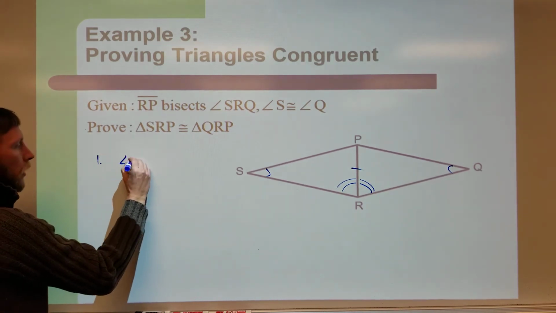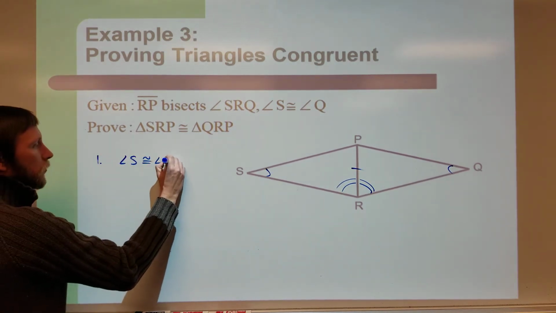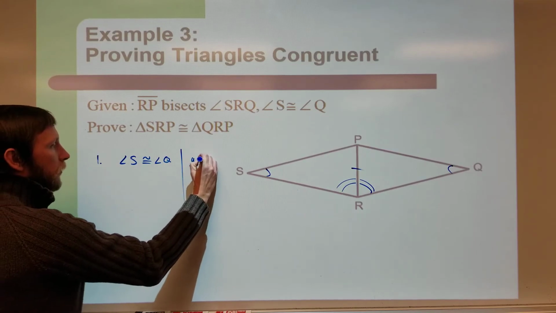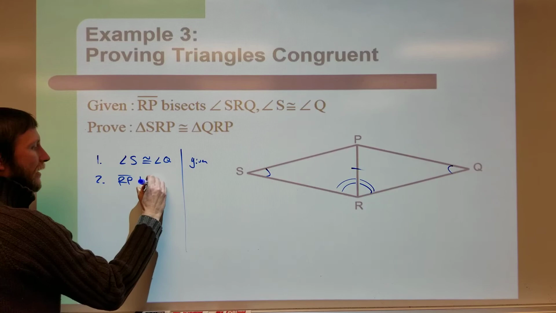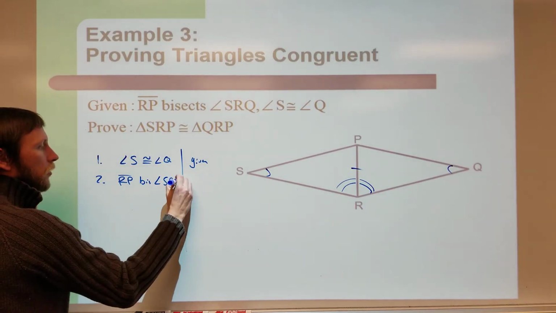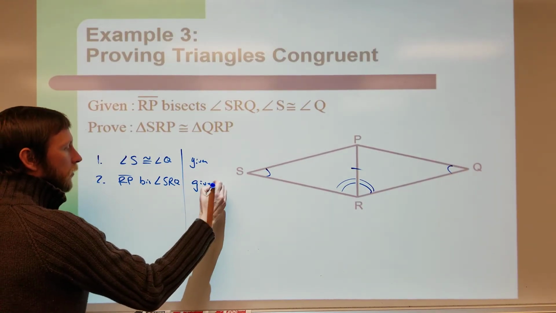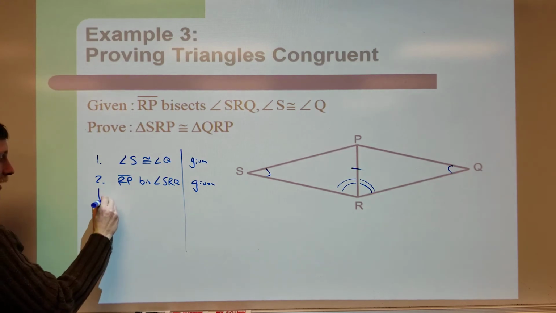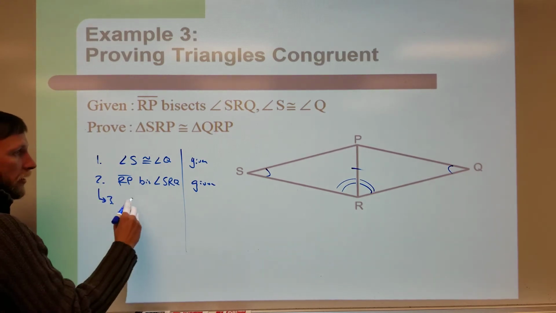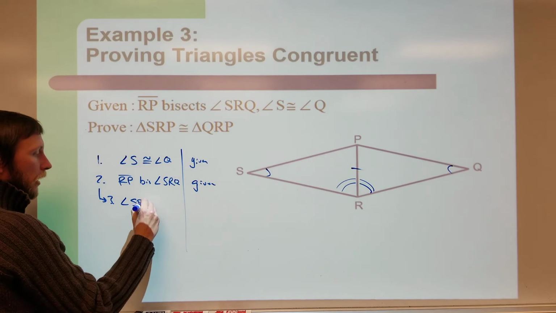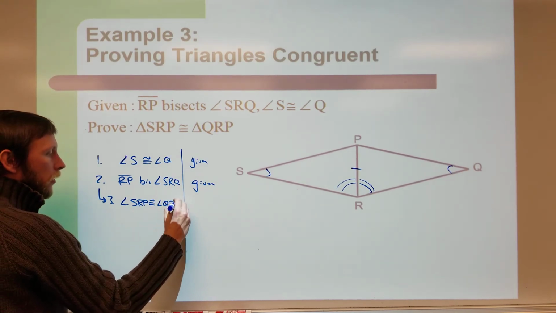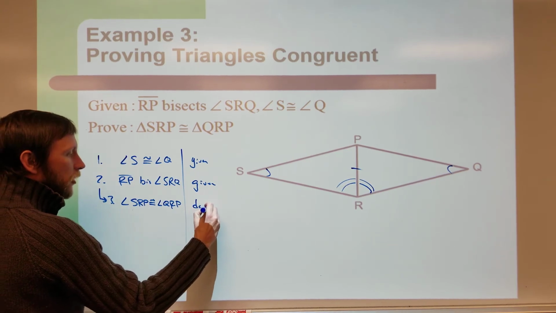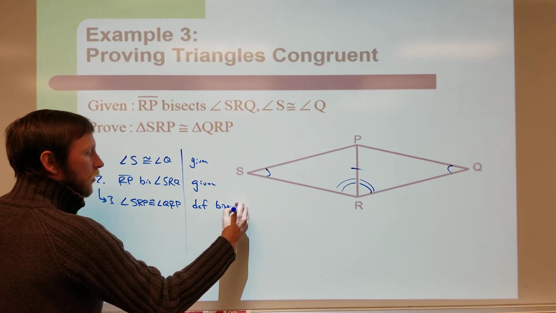So step one, angle S is congruent to angle Q because it's given information. Then segment RP bisects angle SRQ because it's given. But this means something. This tells me step three: the angle SRP is congruent to the angle QRP, and that is by the definition of bisect.